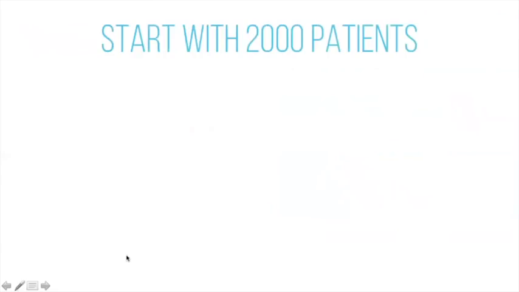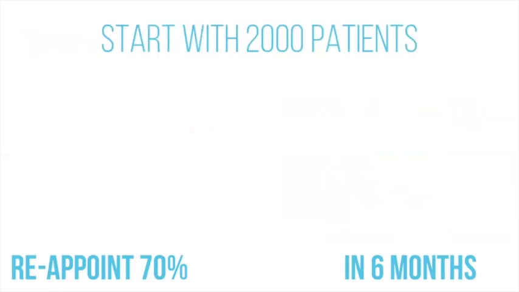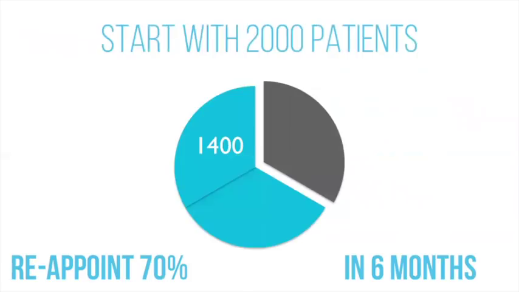So check this out. If you started with 2,000 patients in recare, okay, and you reappointed 70% of them, which you would think is a pretty strong number, in 6 months you would go from 2,000 to 1,400 patients, right? You would essentially have lost about 600 patients in recare. Now look at this.